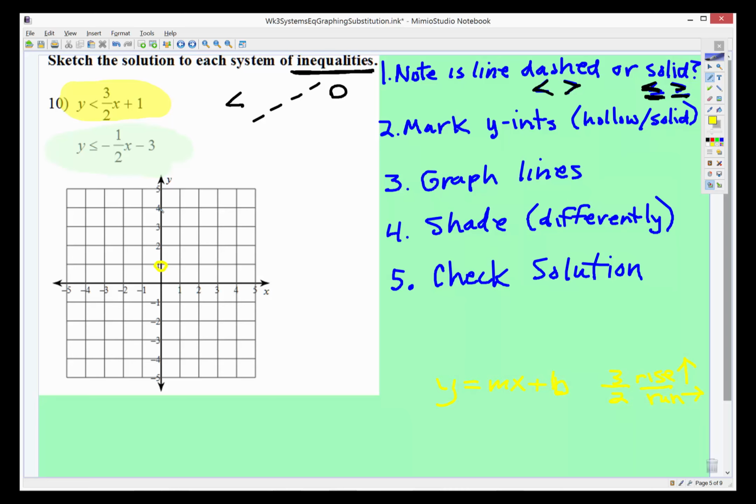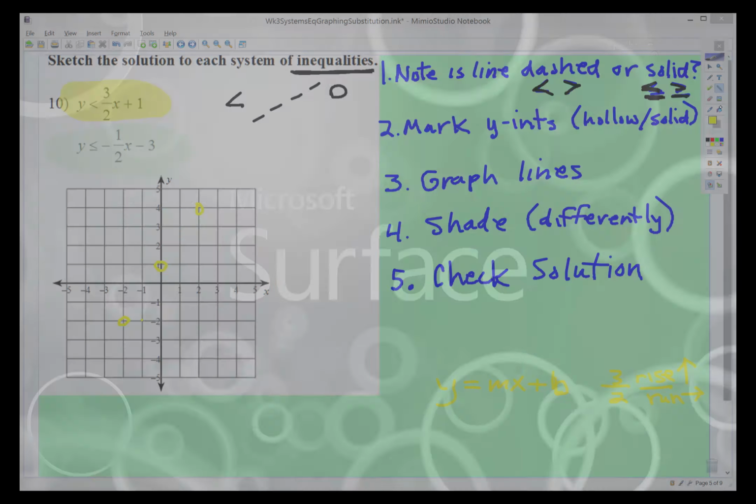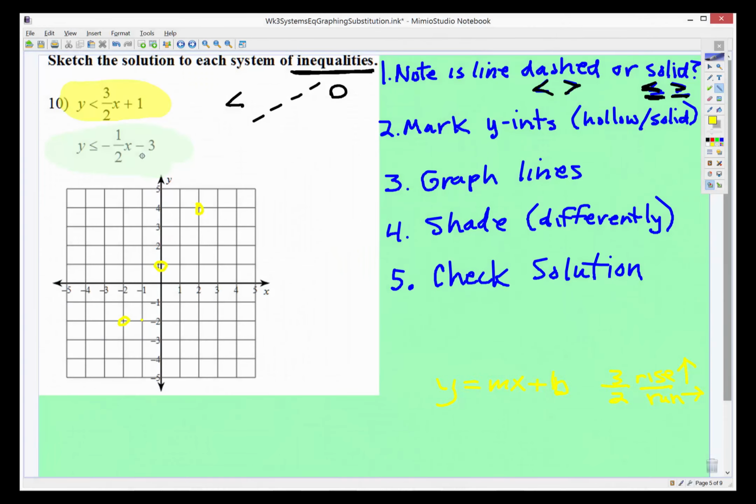So 1, 2, 3, 1, 2, and I'm going to put another hollow dot. Now I'm also going to go backwards, down 3, 1, 2, 3, backwards 2, 1, 2. That way it's easier for me to make this a dashed line.